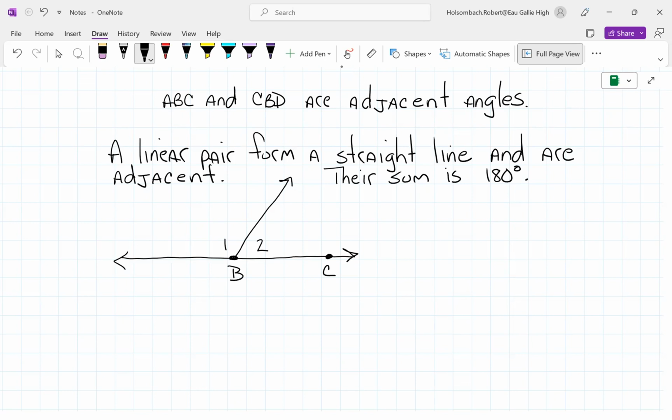Could form a linear pair with a vertical line. Put a point on it. Take a ray out of that point. Angle 1 and angle 2 are a linear pair. They form a straight line.